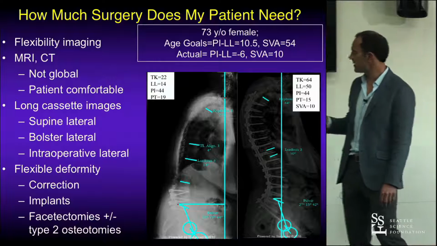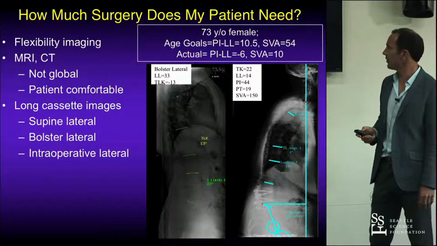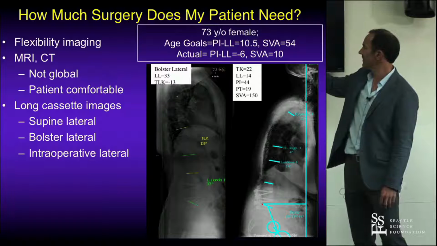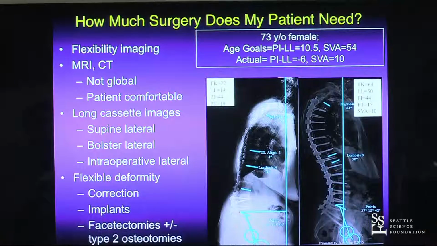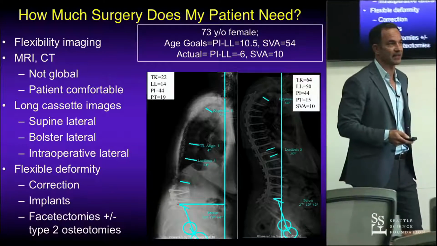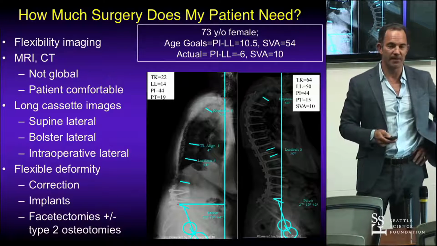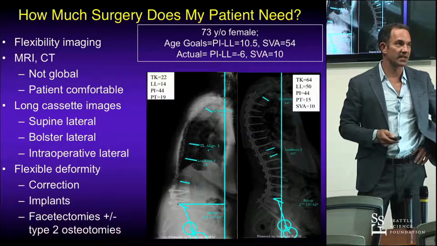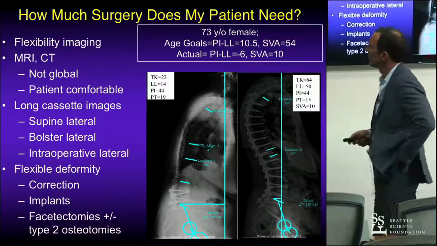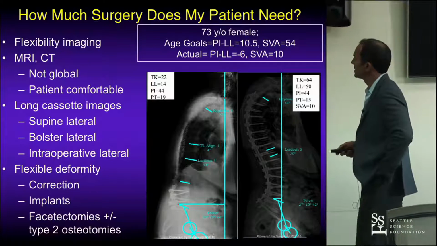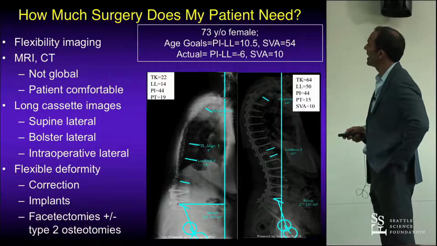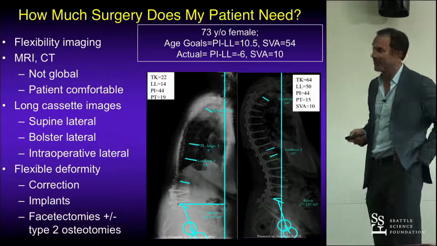In this relatively flexible deformity, there's a relatively large deformity, but it corrected very passively and nicely. So I was able to correct that with really simple little type 2 osteotomies about the back, as well as using the implants. But the problem is that I didn't measure the age-specific parameters, partly because I didn't have them at that time.